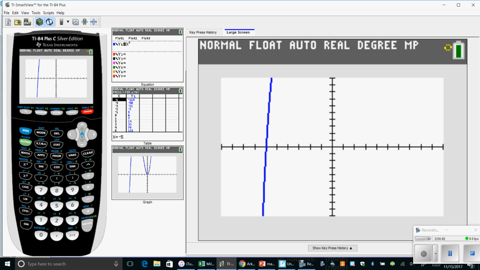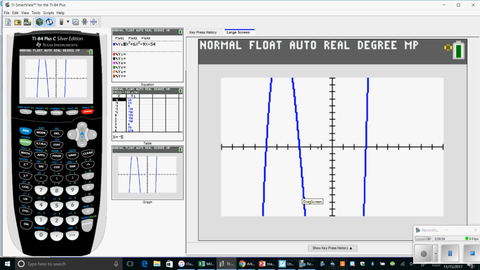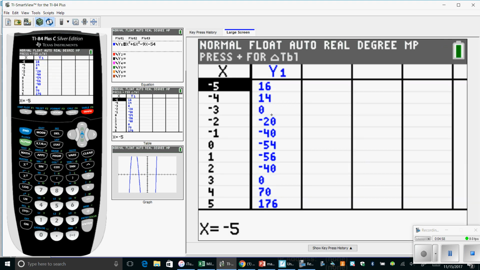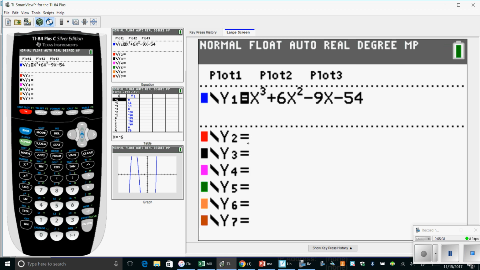We're looking for real zeros here, and it looks like they would be at -6, -3, and +3. I can check that on the table. So -6, -3, and +3. It's to the third power, so I'm only looking for 3 zeros. So my answer for that would be C.